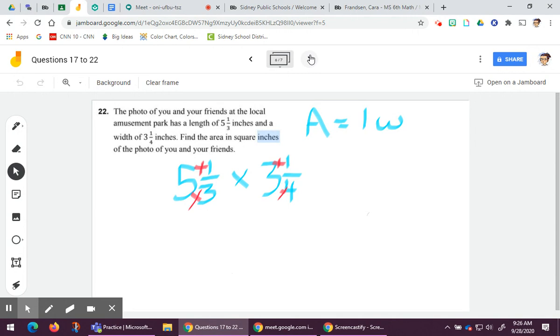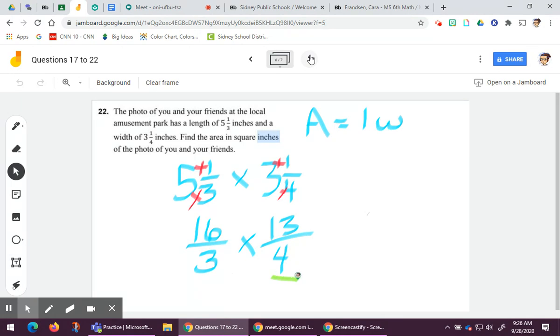That's how we change those whole numbers into improper fractions when we're dealing with fractions. Okay, so 5 times 3 is 15, plus 1 is 16, so this changes to 16/3, still means the same thing. 4 times 3 is 12, plus 1 more is 13. Now I can already see, without doing a bunch of prime factoring, that I've got a number with factors in common.